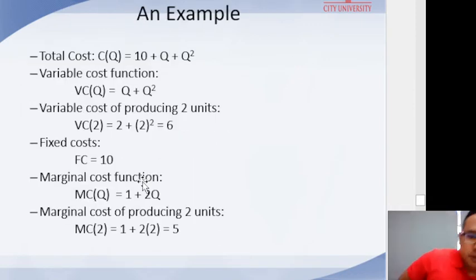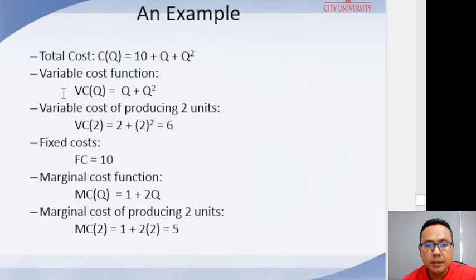Let's say the total cost C(Q) equals 10 plus Q plus Q squared. So the variable cost function is Q plus Q squared, and the variable cost of producing 2 units is 6.